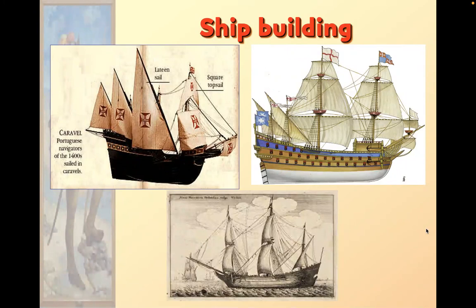Their first big thing was three new ships. We have the Caravel, which was suited toward exploration because it had a very shallow draft, using lateen sails, and could not only sail close to the coast, but also up rivers, further exploring. Then we have the Carrack, the ship on the top right.